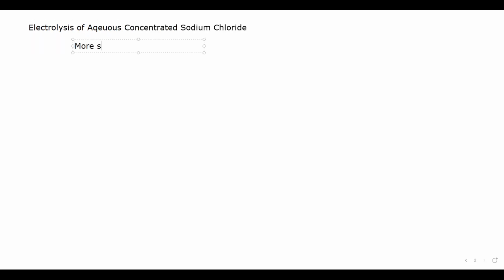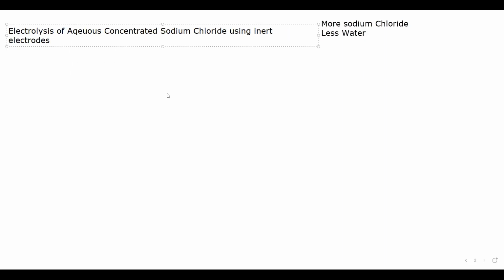We have more sodium chloride and less water molecules. As mentioned, it is aqueous concentrated, so more salt and less water. We are using the same inert electrodes, made of carbon, graphite, or platinum.